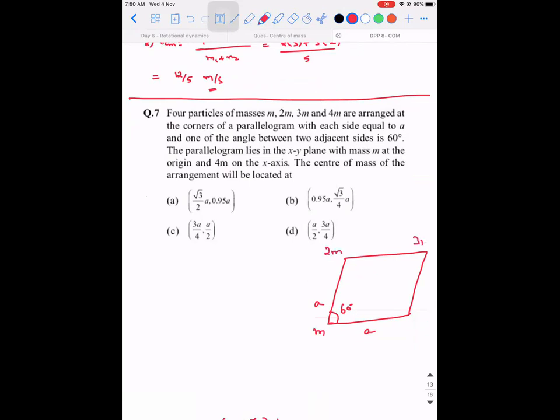Then 2m will be here, 3m will be here, then 4m also on the x-axis. Then this will be the y-axis. Since this is a particle system, what do we need? We need the coordinates of the points.